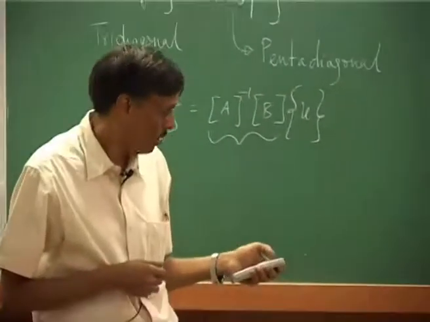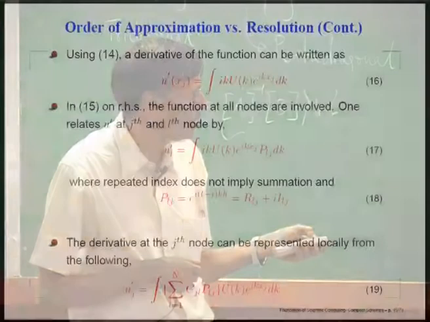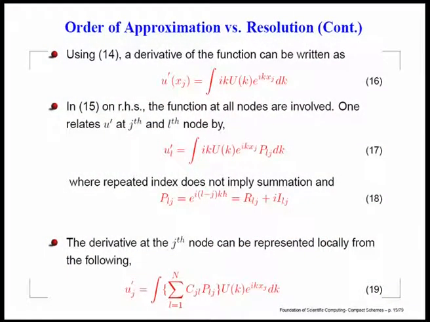With a uniformly spaced point, that is simply i k h times L minus j, which is further split into a real part and an imaginary part: real, I call it R L j, plus i into I L j.